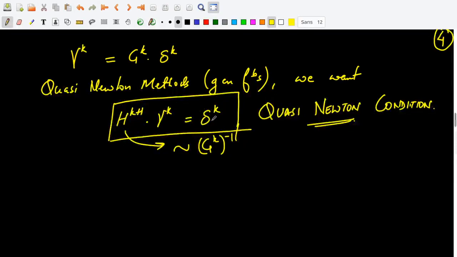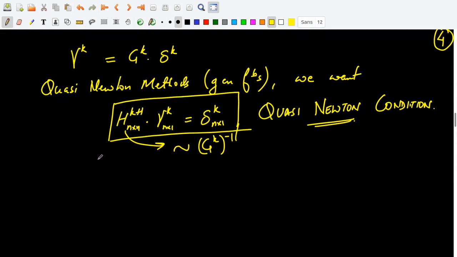Remember that this is an n cross 1 vector, this is an n cross 1 vector, and H is n cross n. So if I want to pick an H which satisfies these relations, I can pick H in a huge number of ways, because the number of unknowns is too many, but the number of restrictions is too few.